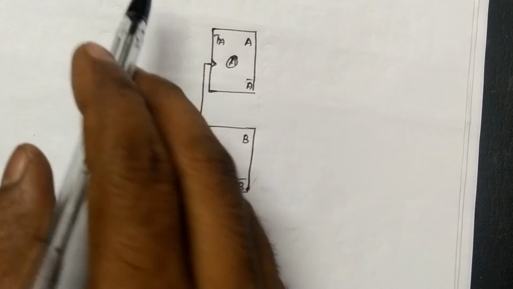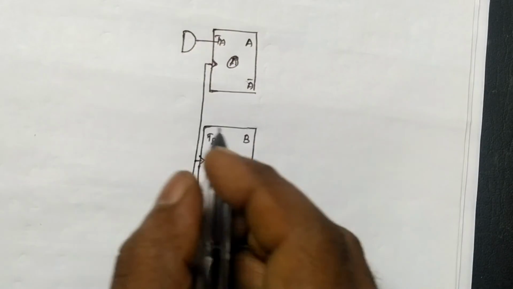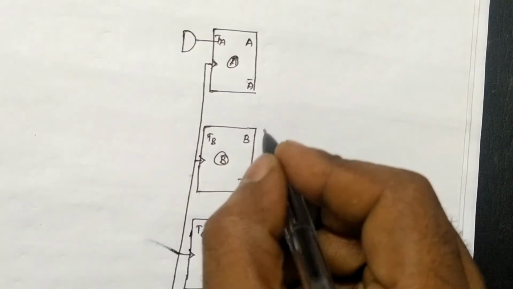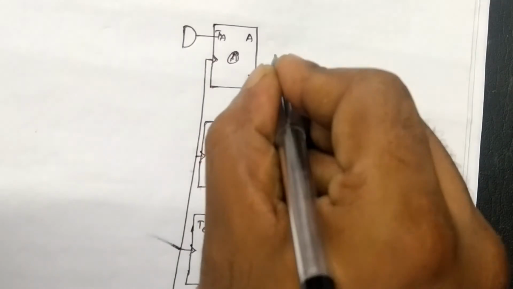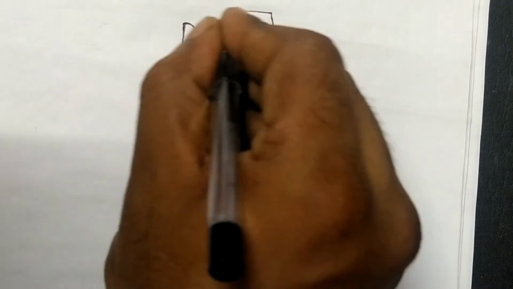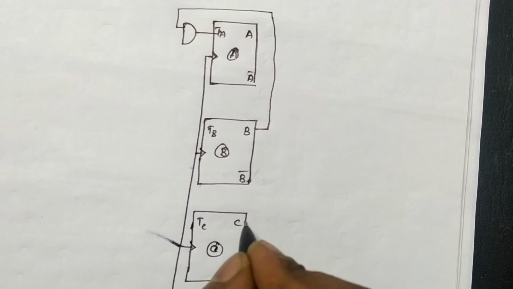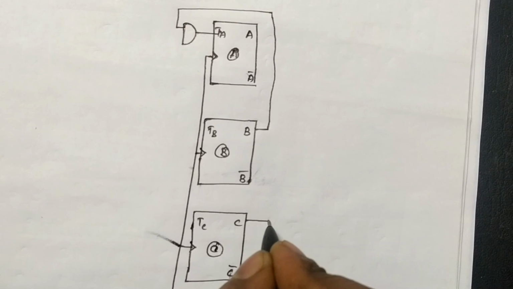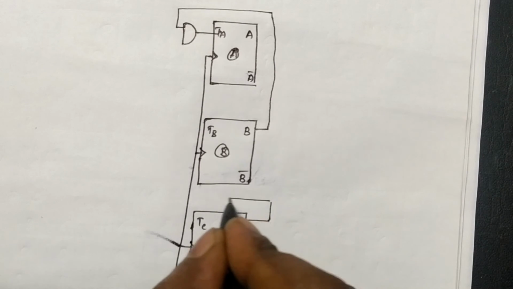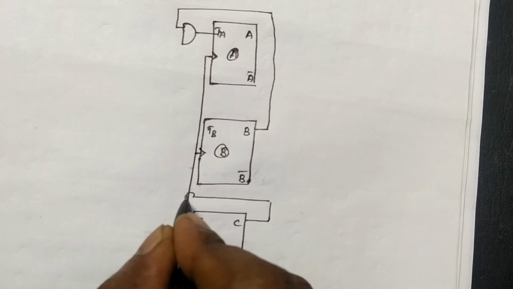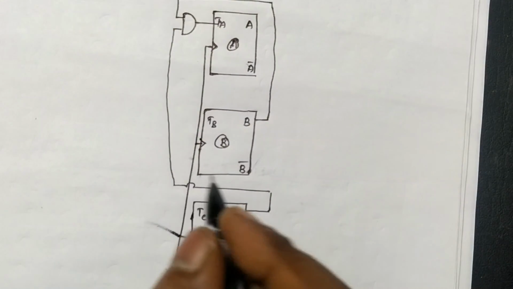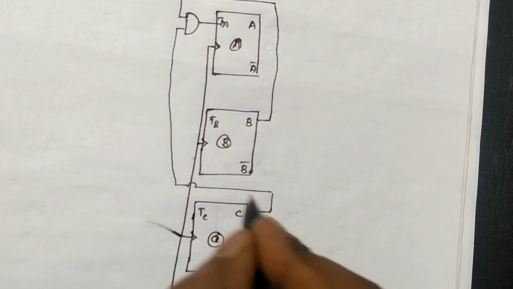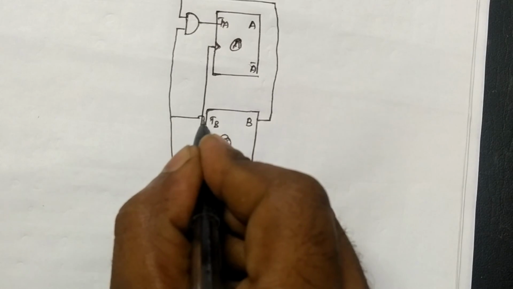Here TA is BC, therefore here we need to have an AND gate with one of the inputs from B, another input from C. Then TB is equal to C, so here we are having C, connecting it.